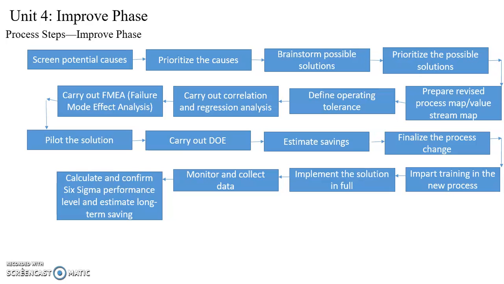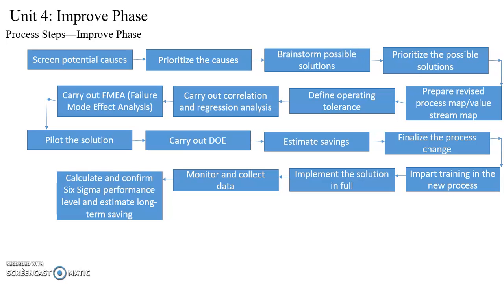So it is a waste of time if all the solutions are attempted at the same time. So we should prioritize these possible solutions first. Which should the team go first? For this, there are several tools. Important ones are multi-voting, suitability matrix and affinity diagrams. We'll come back to that in the tools.